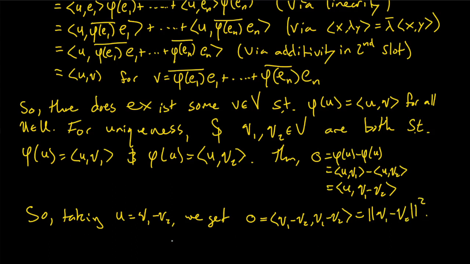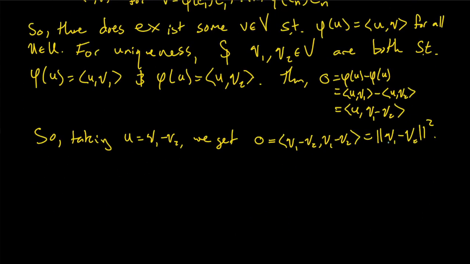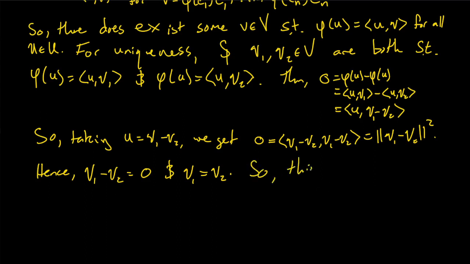But what's the only vector in any inner product space that has norm 0? That's right, it's the 0 vector. Hence, v1 minus v2 is equal to 0, which is just a fancy way of saying that v1 is equal to v2. So, this vector is unique.